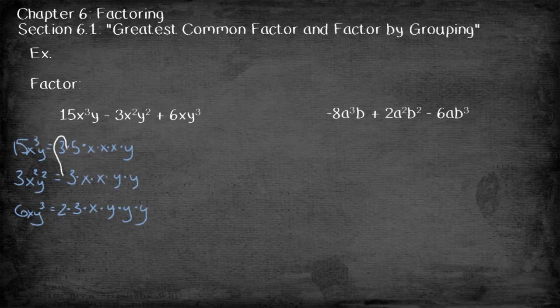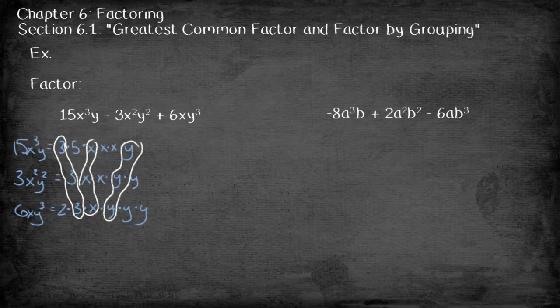I have a 3, one factor of x, and one factor of y. So altogether, this is going to be 3xy. And then what's left? I have x squared, 3xy, 2y squared. And put in my signs at the end.